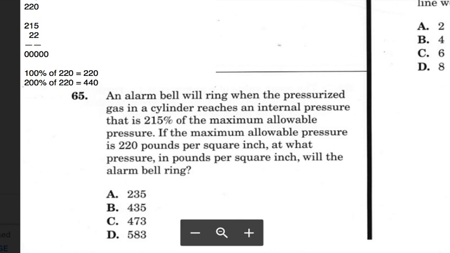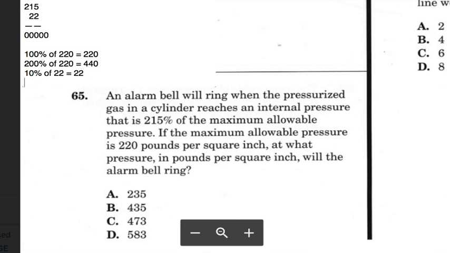And it also means 10% of 220 equals 22, which means 5% of 220 equals 11.